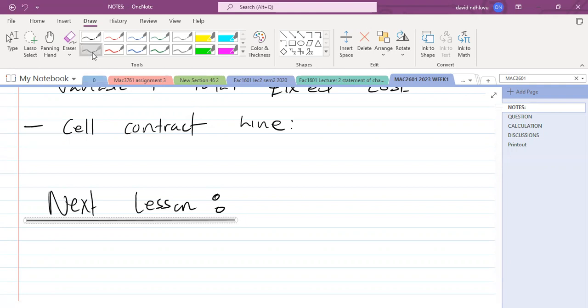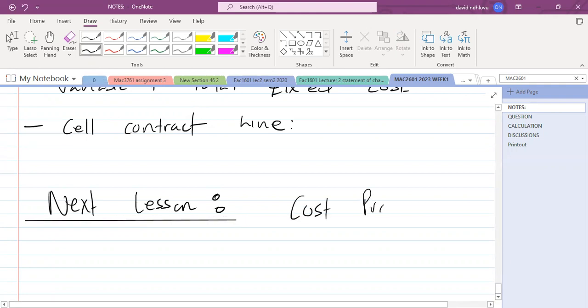But in the absence of that, we are going to look at what is called cost profit volume analysis. So you can have a look at that. That was supposed to be our next lesson. I think it's going to be the same because the theory is minimal. You can't have a test or an assessment or an assignment only on theory. It will have calculations, and what will follow, you will do this.